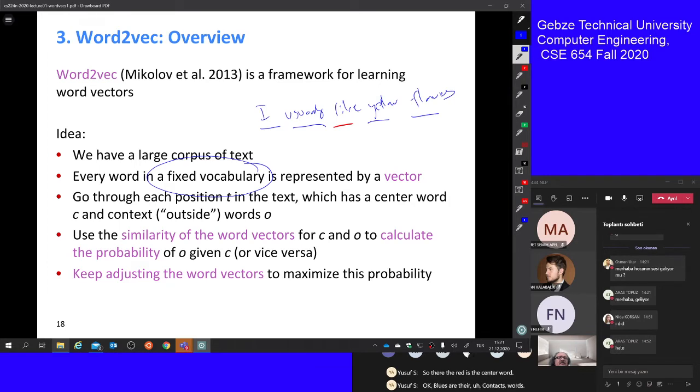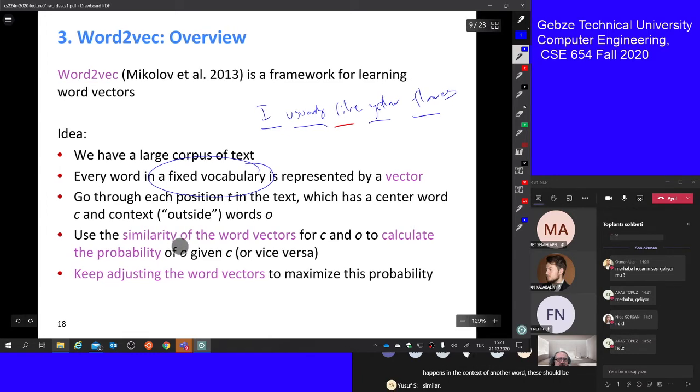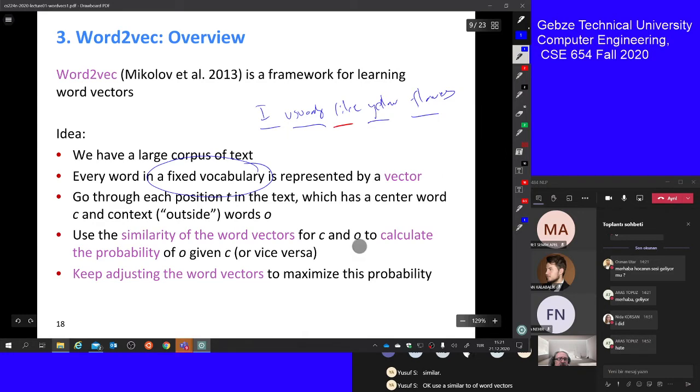Then we find the similarity between the center word and the context words. If a word happens in the context of another word, these should be similar. Use the similarity of word vectors for C and O.